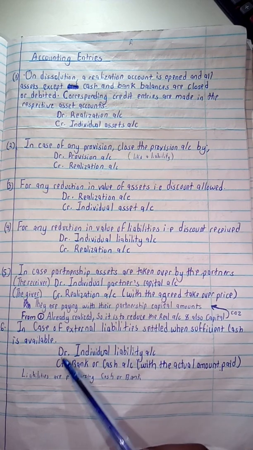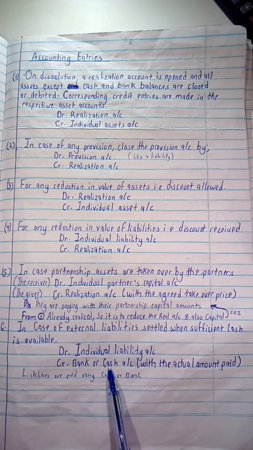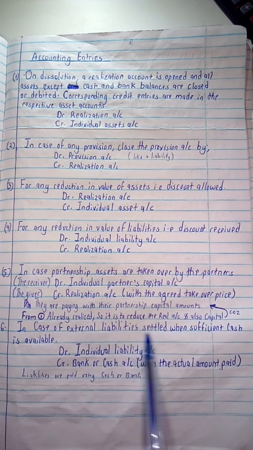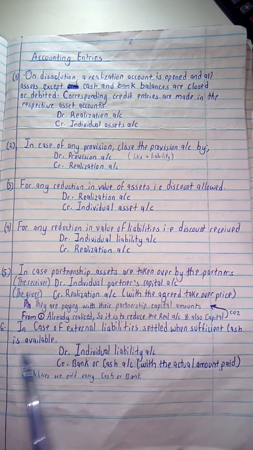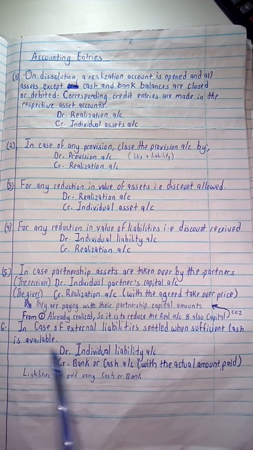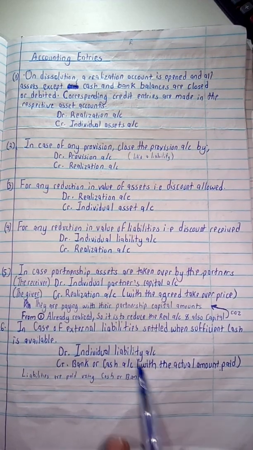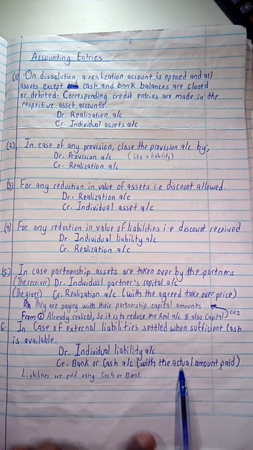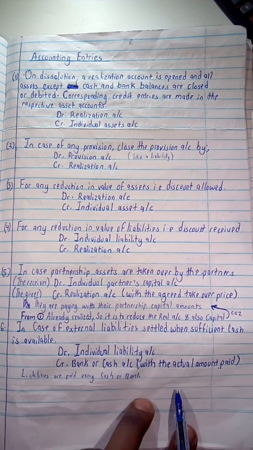And then I'm going to credit my cash or bank account, because I'm clearing off this external liability with the sufficient cash which is available. I will credit the bank or cash account with the actual amount being paid.